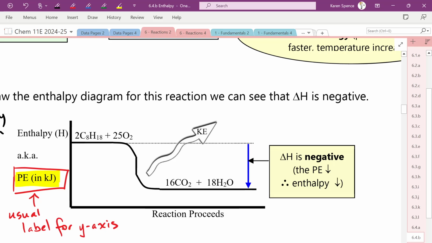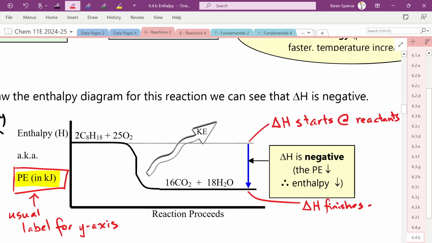And you can see here the delta H is labeled. The delta H starts at the reactants, and where does it finish? It finishes at the products.